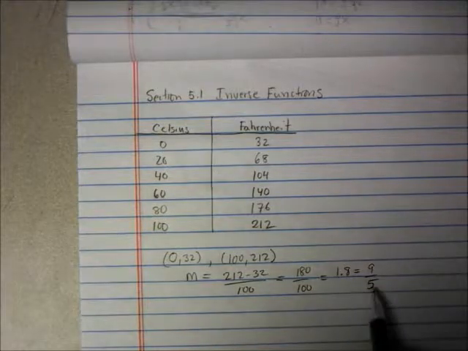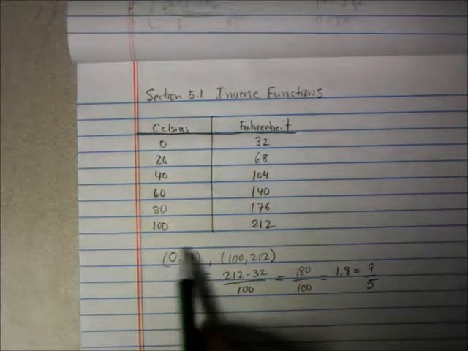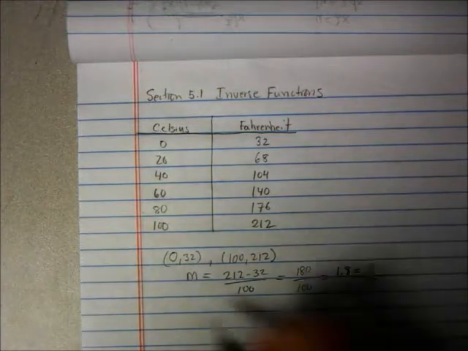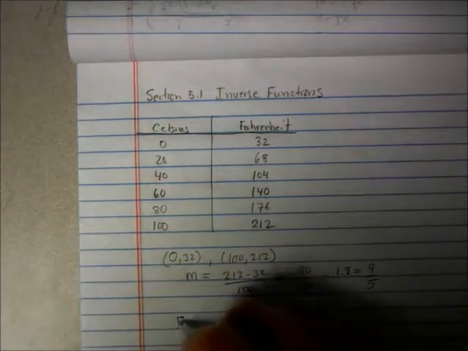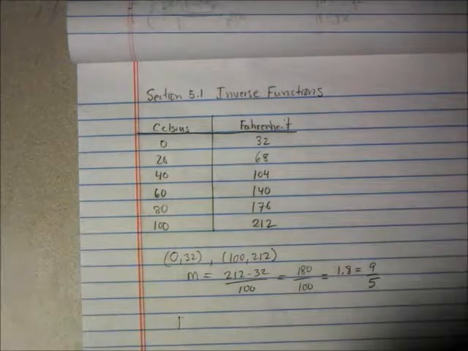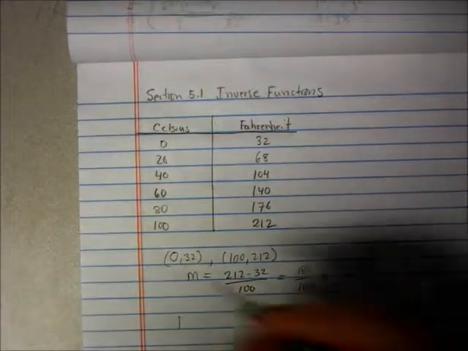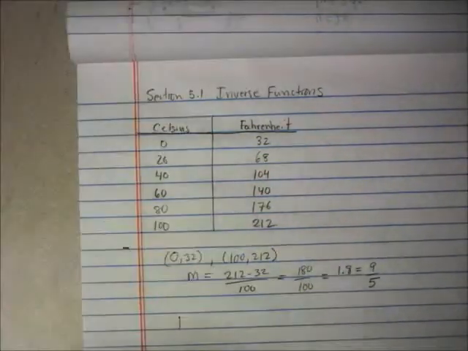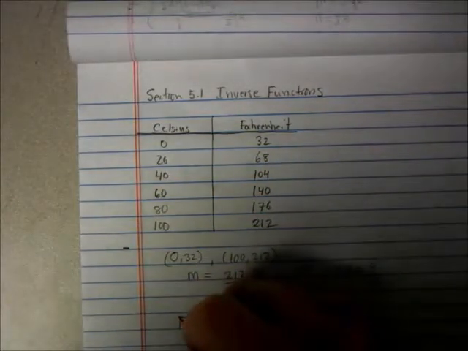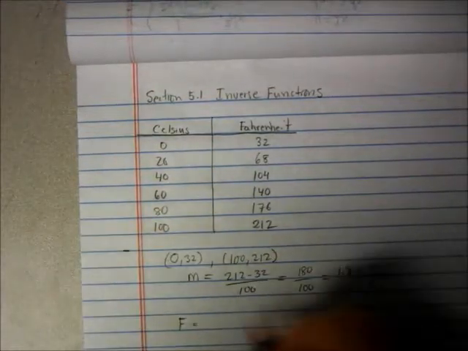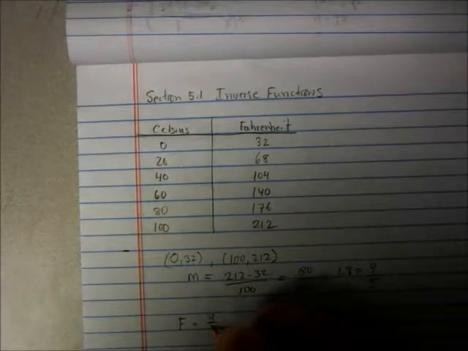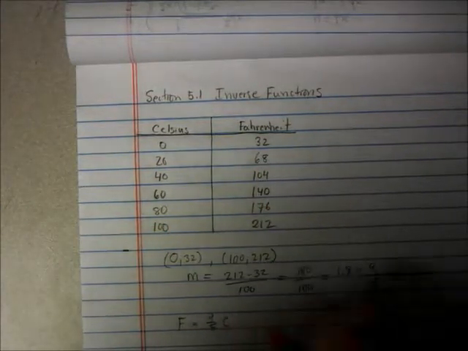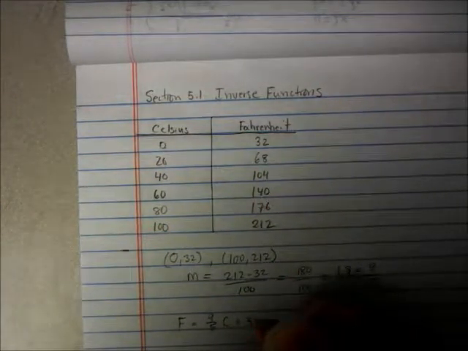Okay, so there's our slope, and using 0, 32 is helpful because that gives us our y-intercept. So the Fahrenheit temperature, I'm going to call it F, is 9/5 times the Celsius temperature, here Celsius temperature is my x, plus 32.